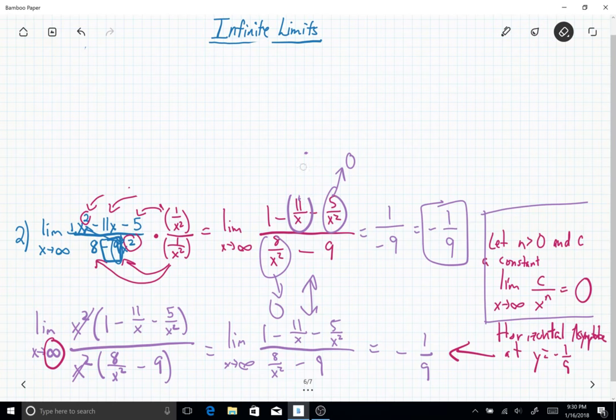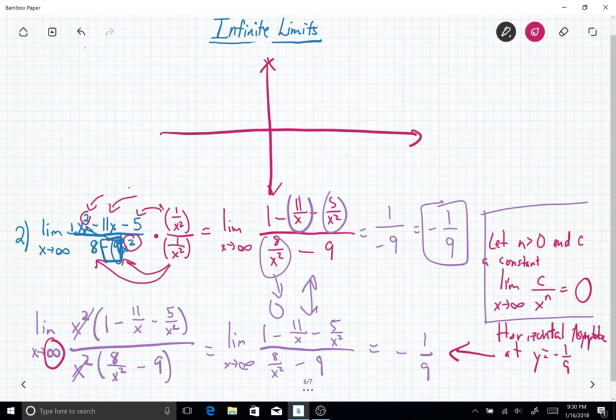So say this whole crazy business of function x squared minus 11x all over 8 minus 9x squared. I have some graph, and I don't know much, but let's say negative 1 is right here. So negative 1/9, it's really close, hugging that line, right? So I don't know which side it's going to approach. So it could be from this side, or it could be from this side.